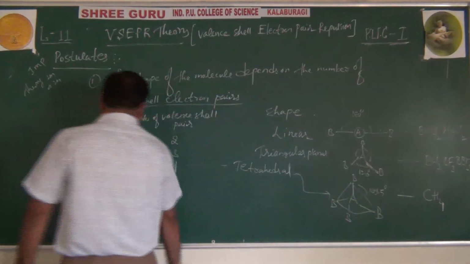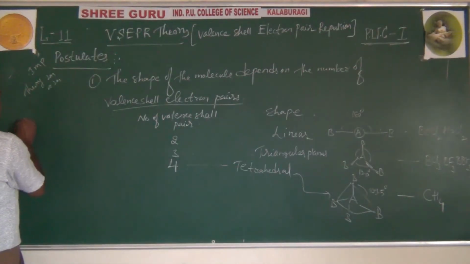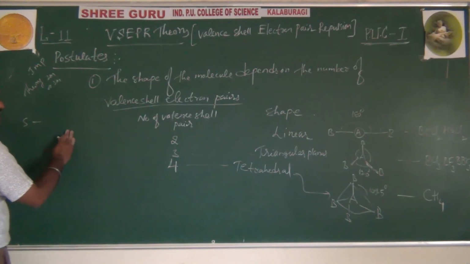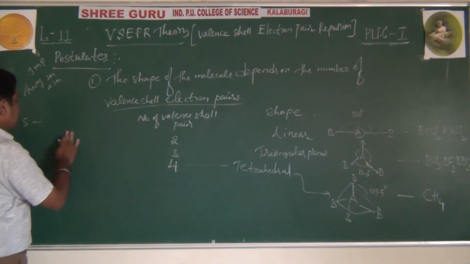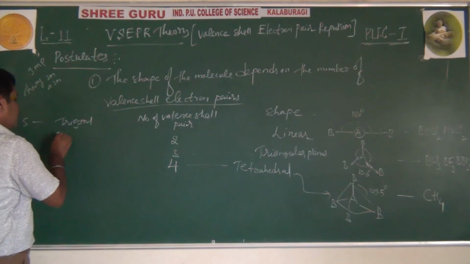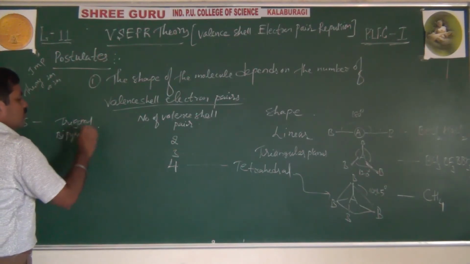Okay? 4. If the number of valence electron pairs is 5, then it is a trigonal bipyramid. How is it?